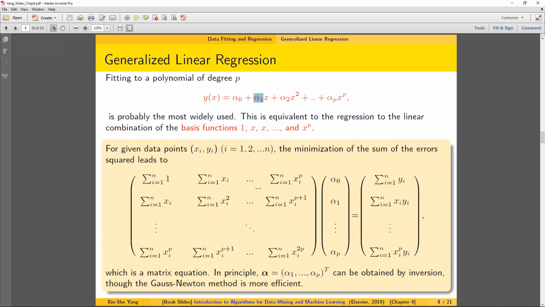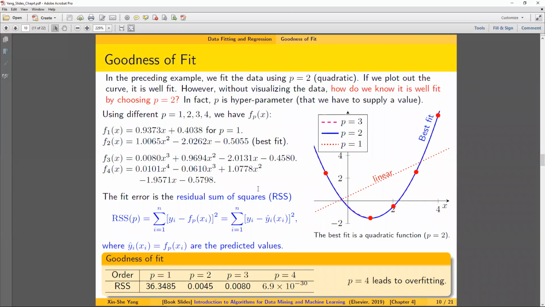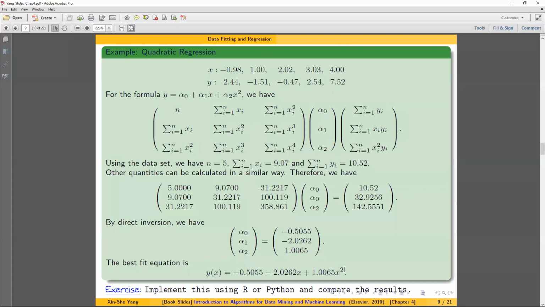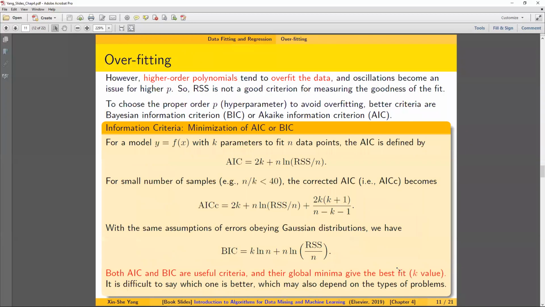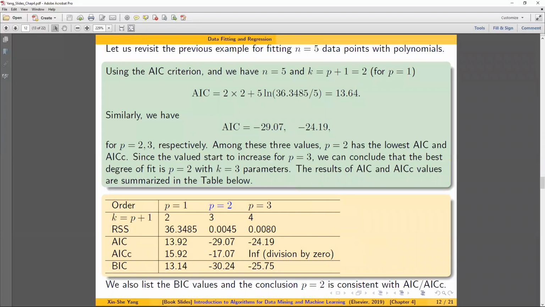For p equal to 2, we have 3 parameters: 1, 2, 3. So now we have 2 parameters, 3, or 4 parameters.